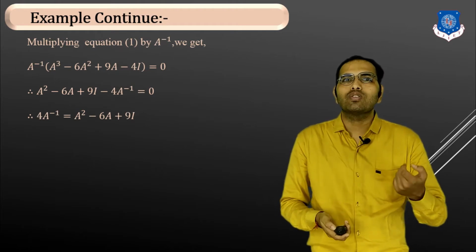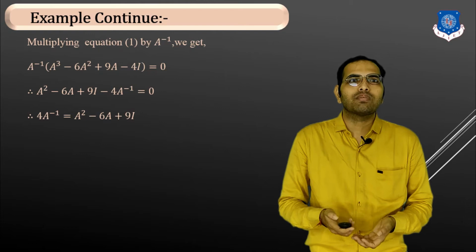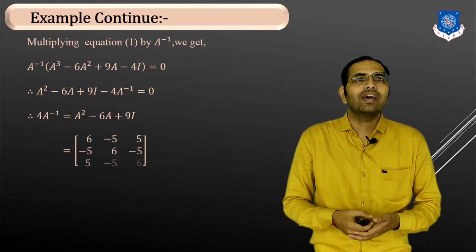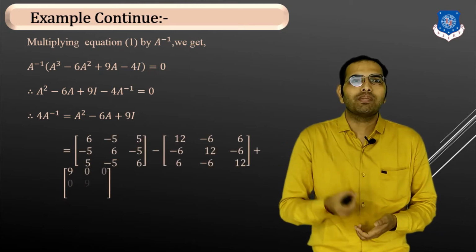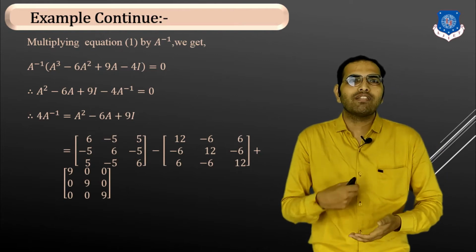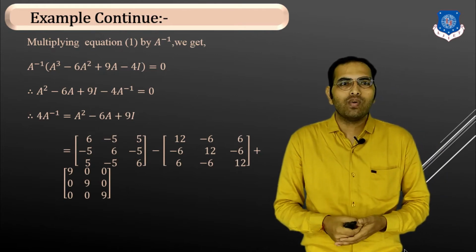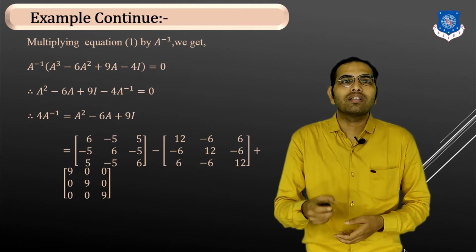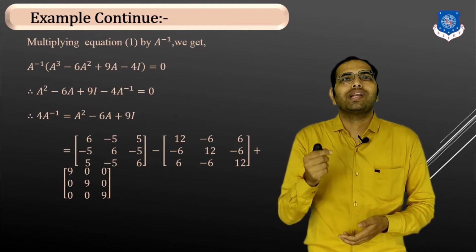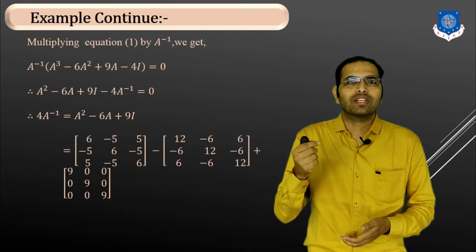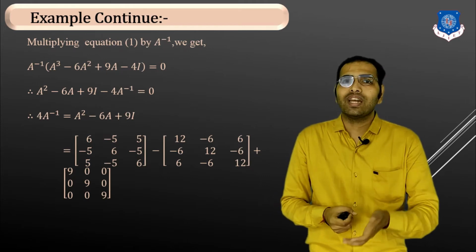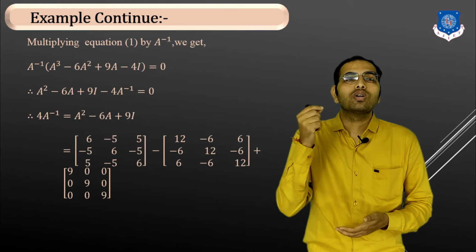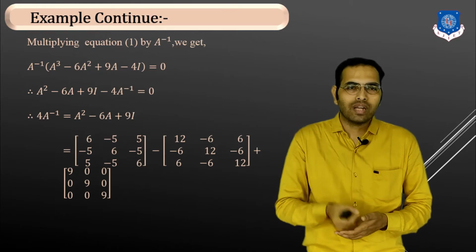We already have the values of A square and A, so substituting these values of A square and A into it, means multiplying A with 6, that will give you [6 -5 5; -5 6 -5; 5 -5 6] minus [12 -6 6; -6 12 -6; 6 -6 12], plus 9 into the identity matrix, means [9 0 0; 0 9 0; 0 0 9].